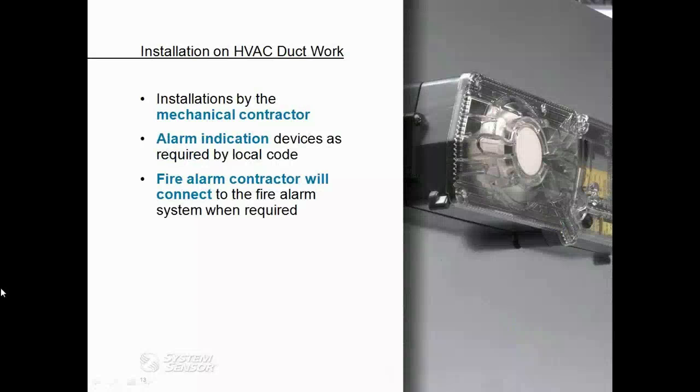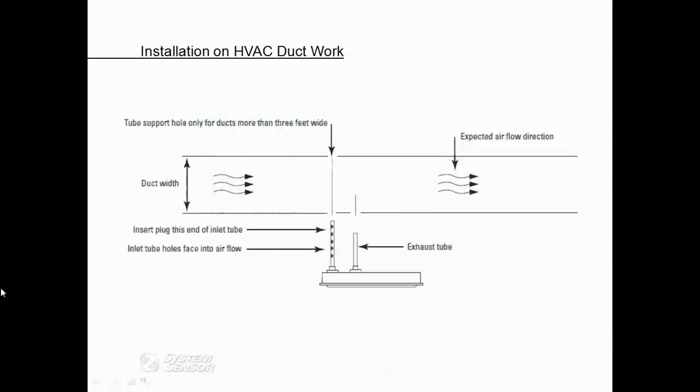Sometimes they're installed in rooftop units, and sometimes they're just so far above the ceiling that you can't see them. So an audible and/or visible signal may be required for detector status indication or for detector testing. After installation, the fire alarm contractor will connect to the duct smoke detector and tie that to the fire alarm system when you're required to have a fire alarm system installed.